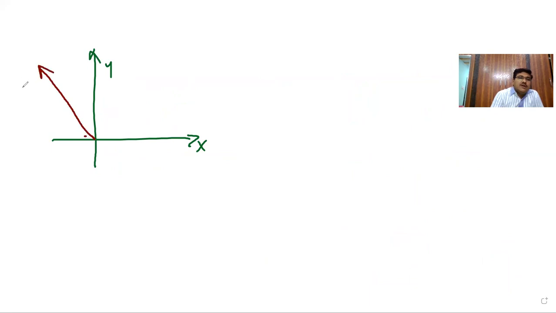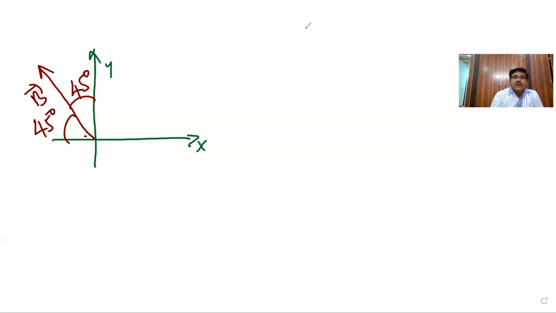Now let us take up the second. This is x-axis, this is y-axis. The vector is B bar. B bar is making 45 degrees with y-axis. This angle is also automatically 45 degrees. Now, I am splitting B bar into components.